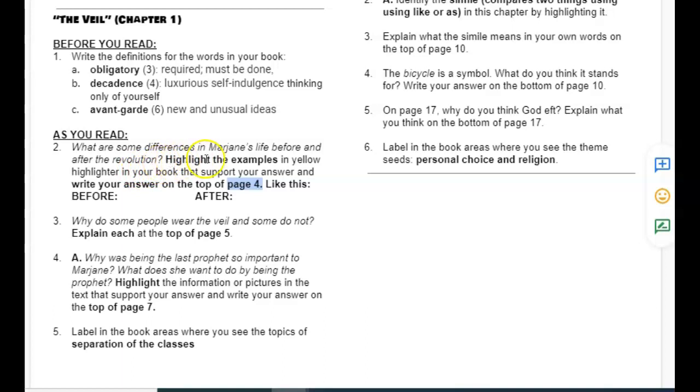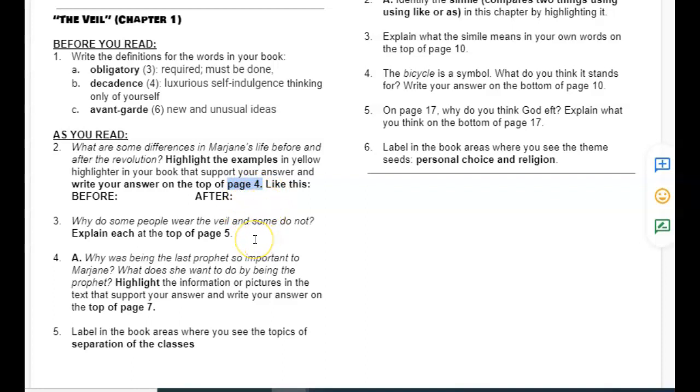So you're going to highlight some examples in yellow highlighter in your book that support your answer, and then you're going to write on the top of page 4 the word before and the word after. And after the word before, you're going to tell me what her life was like before the revolution. And after, you're going to tell me what it was like after the revolution. Then you're going to keep on reading.